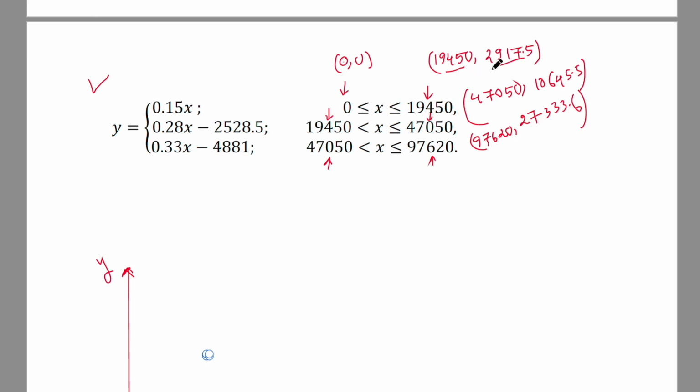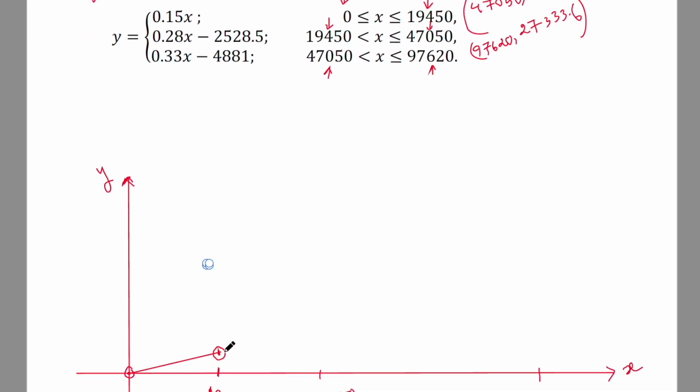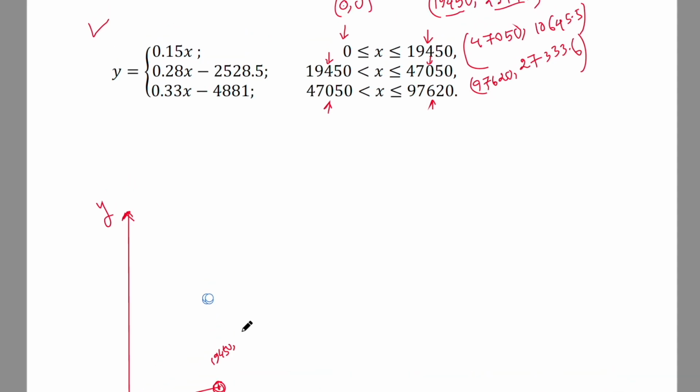When x equals 19,450 in this equation, y will be 2917.5. We already have this data in our hand, so now we can easily sketch the first line, because this point is 19,450 comma 2917.5.